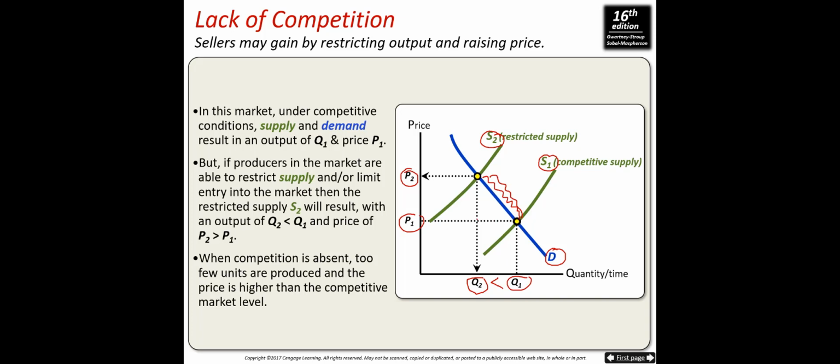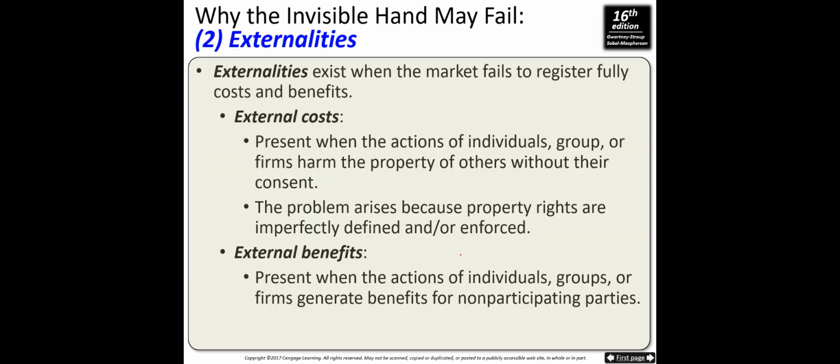So this is inefficient. Why? Because companies with competition can produce Q1 units of output and can make a normal profit and sell this much of additional output. But because of lack of competition, they don't produce that much. This creates the economic inefficiency. So when competition is absent, too few units are produced and the price is higher than the competitive market level.